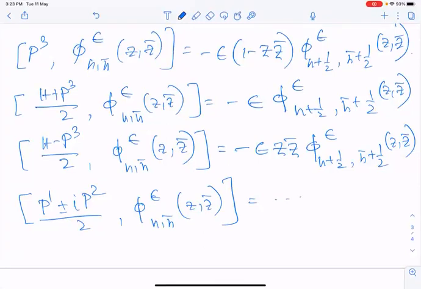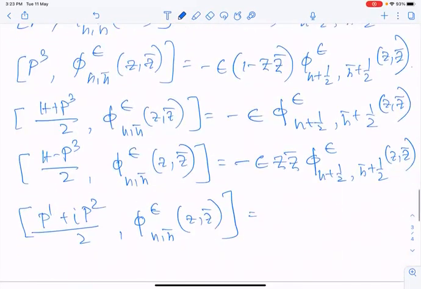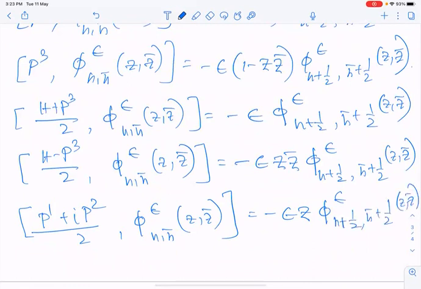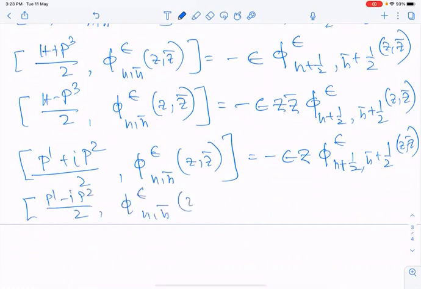Okay, so suppose P1 plus i P2, so that will be minus epsilon z. Similarly... so this light cone basis is just useful.